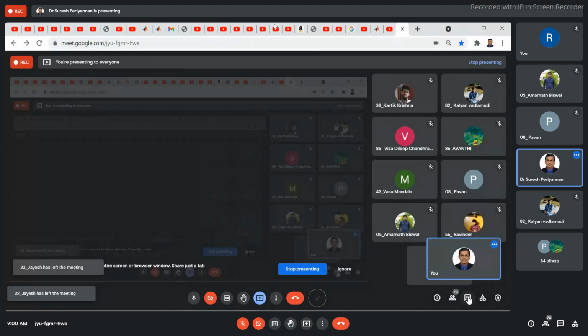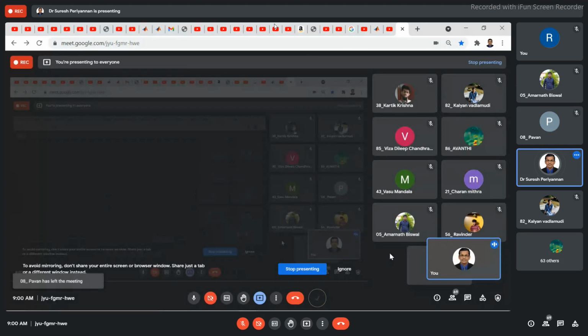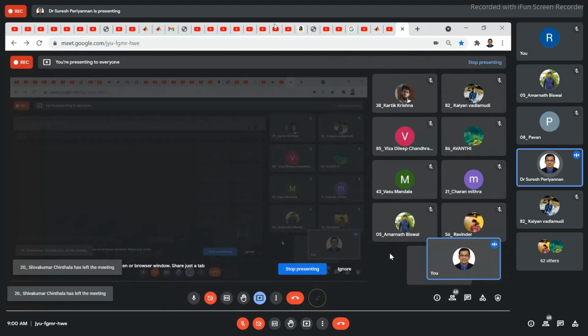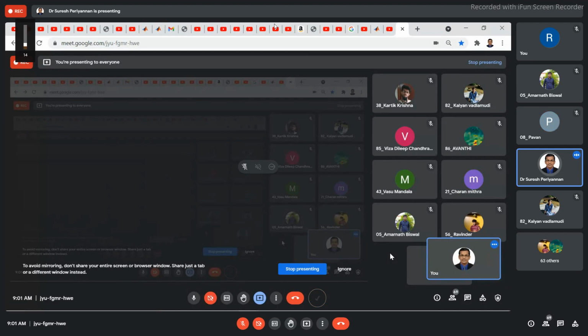Now the question pattern for our DME mid-exam: the first chapter, design for static loading, maybe 30 to 40% of marks you may expect, and dynamic loading maybe 50 to 60% of marks. The total number of questions is minimum 5, maximum 6. All are descriptive type questions. Are you clear? Any doubt about the mid-sem exam?